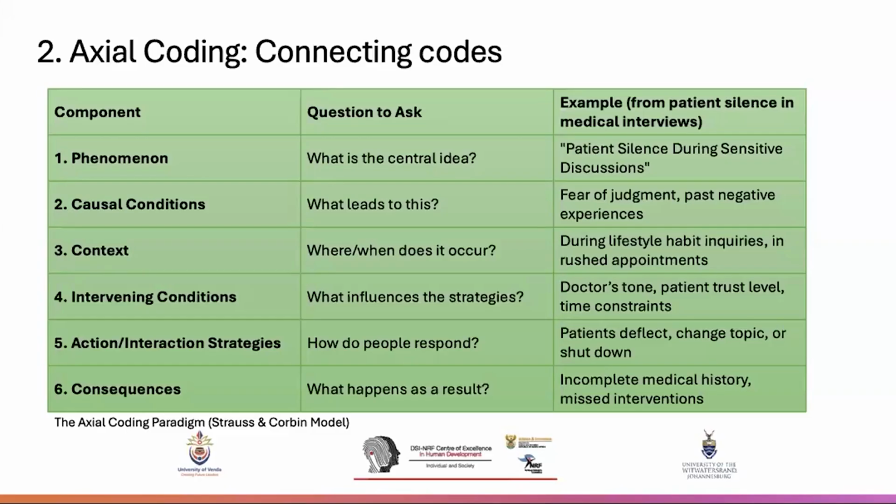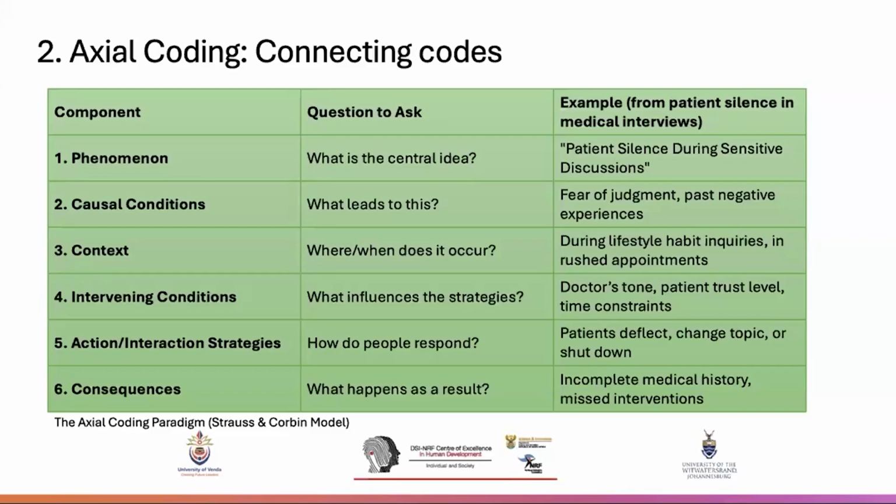And this would lead you to ask the question, where and when does it occur? And from our previous excerpt, we learned that during lifestyle habit inquiries, and in rushed appointments, this context leads to this patient feeling that they are being judged based on their previous experiences, like they were saying to the doctor.